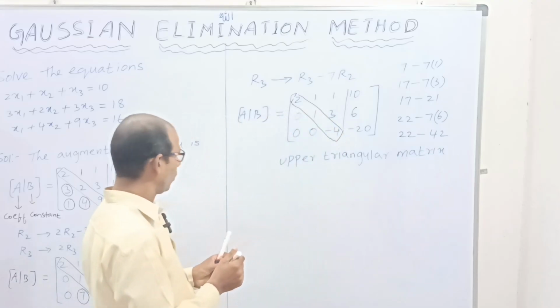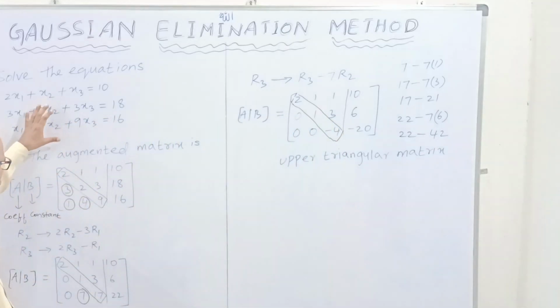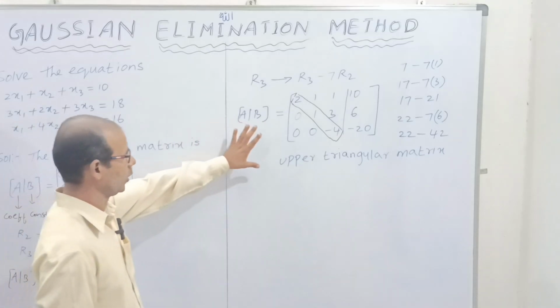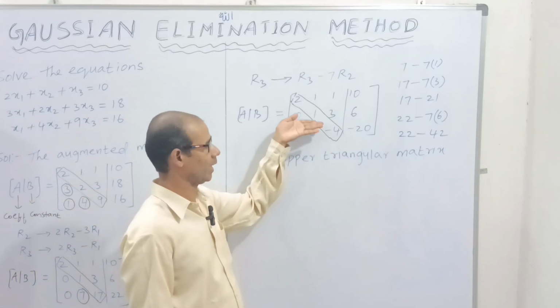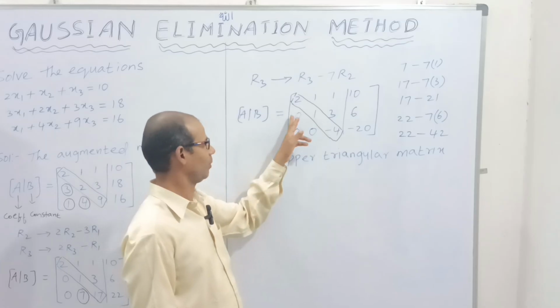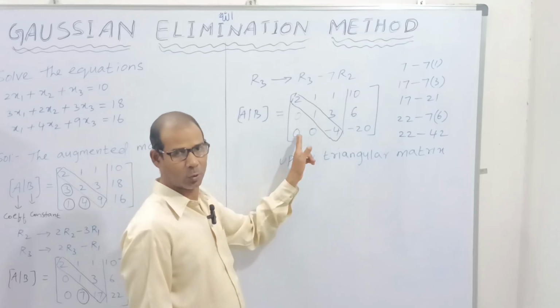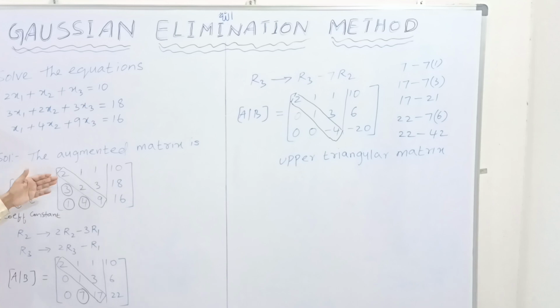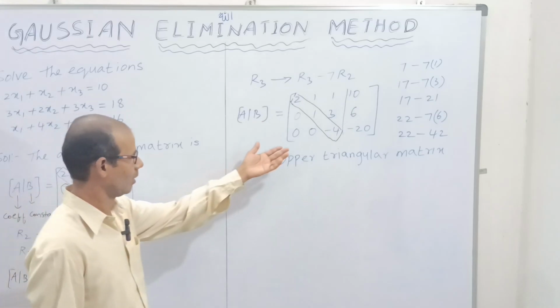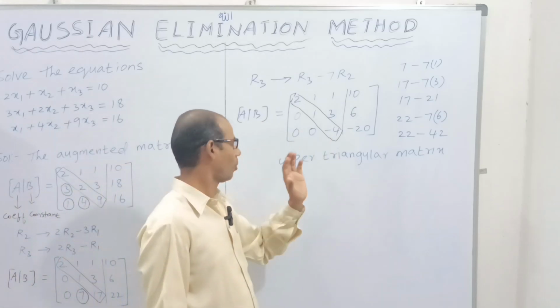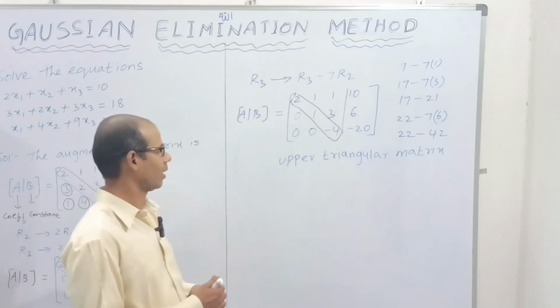In the Gaussian elimination method, we take the augmented matrix and by using row transformations we reduce it into an upper triangular matrix. That means all the elements below the main diagonal should be 0. Here the diagonal elements are 2, 1, minus 4, and we made the elements below them zeros by row operations.